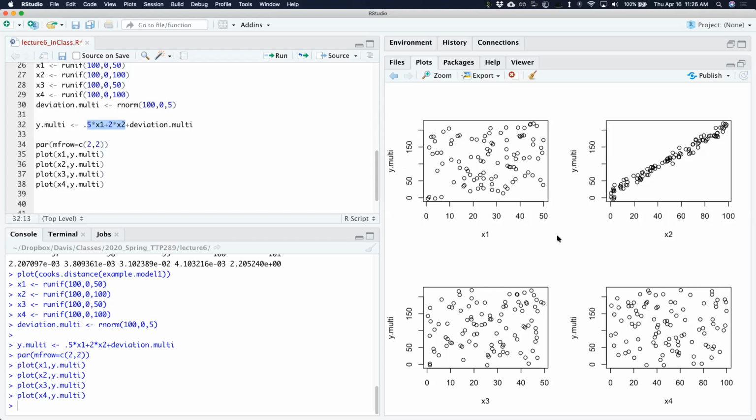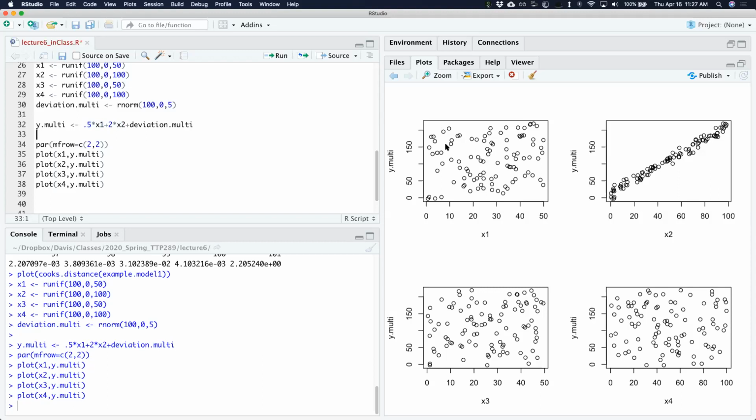So the reason for this is that you have multiple things that are influencing your y outcome, and it just so happens in this particular example that it's 2 times x2 and only 0.5 times x1.